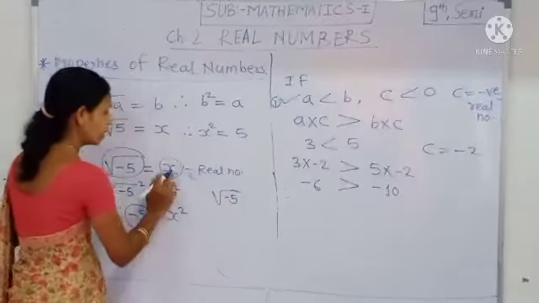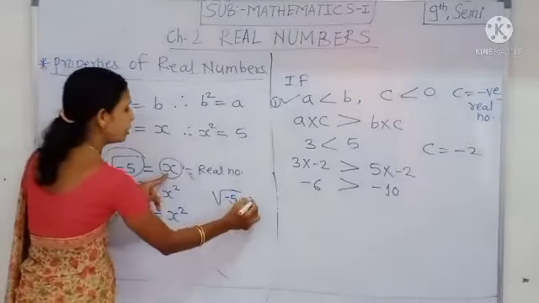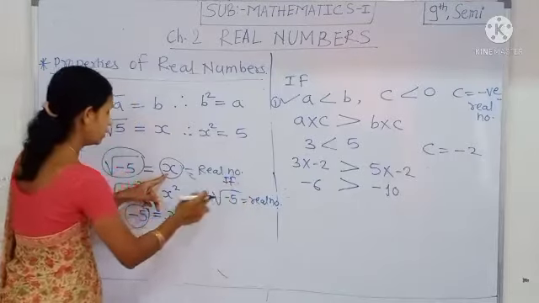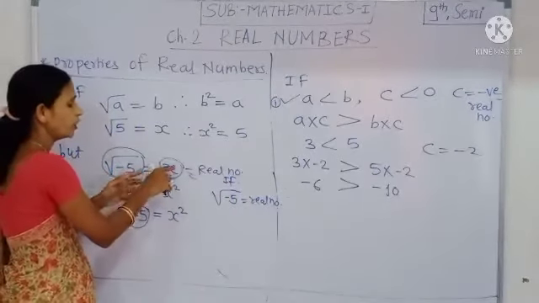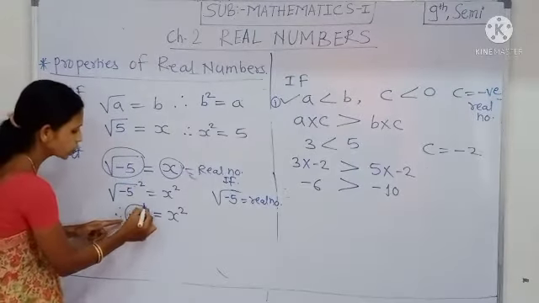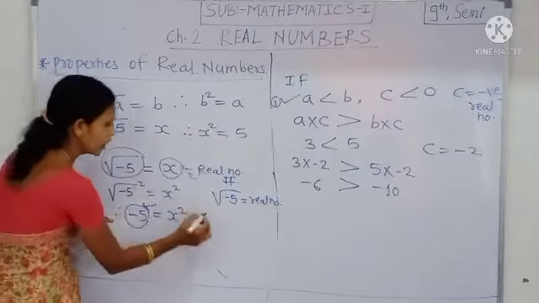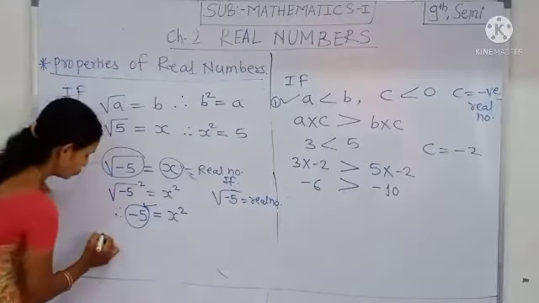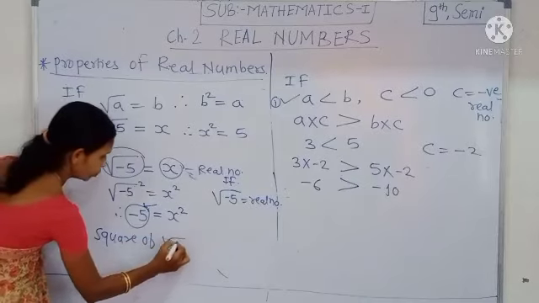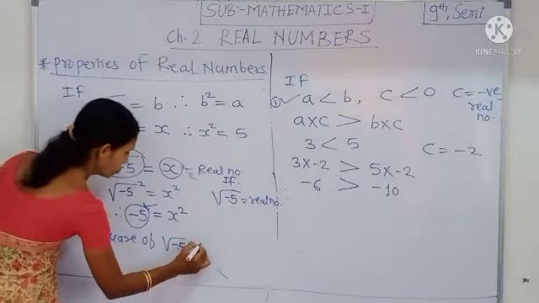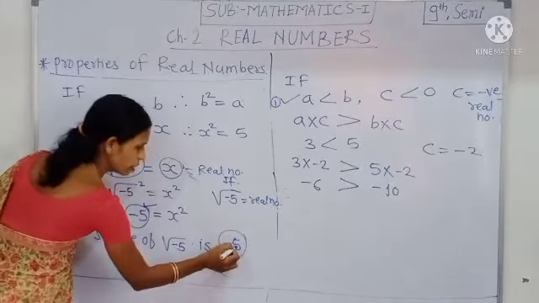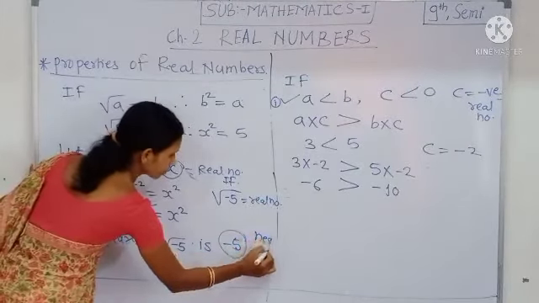If root minus 5 is considered as a real number, then when we take the square of that real number, that square becomes minus 5. Here the square of root minus 5 is minus 5. That means here the square is a negative number.